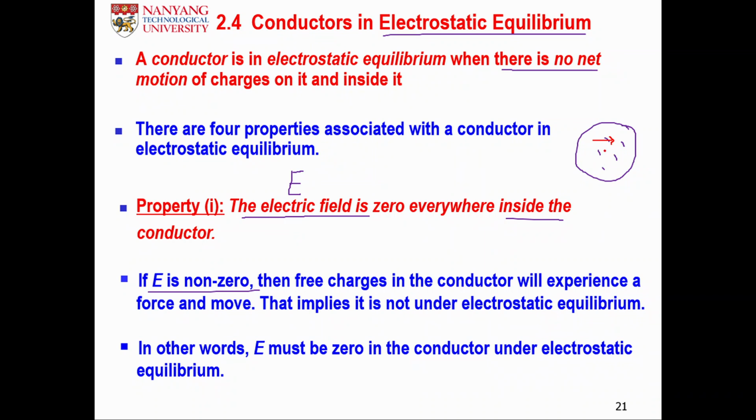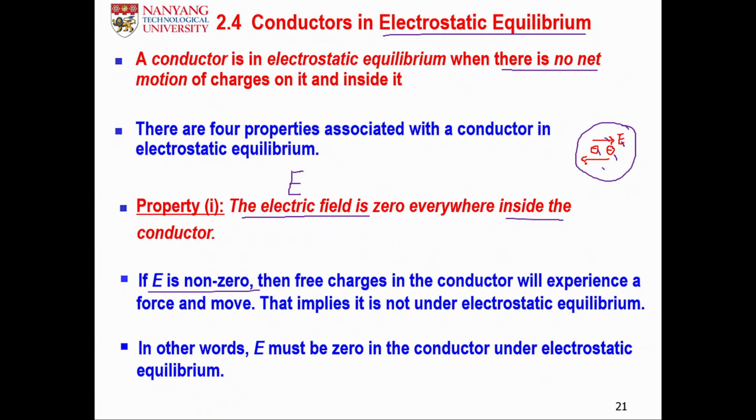Because inside the conductor of course there are a lot of electrons, right? And if at the same time you have a finite electrical field E, then of course there will be an electrical force Fe on those electrons.